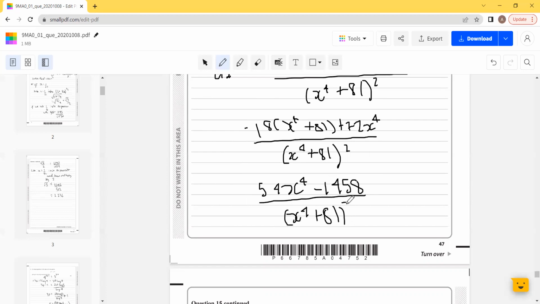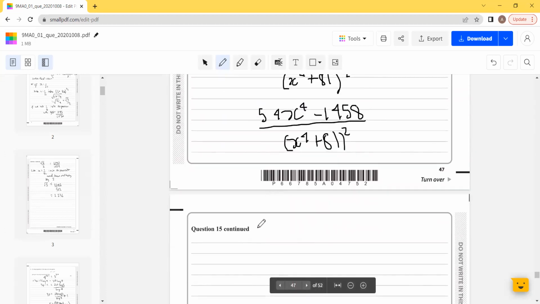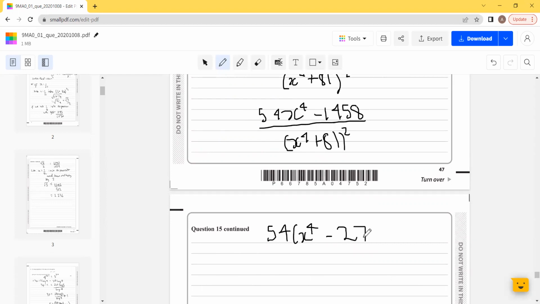Now I'm going to see if I can factor out the 54. So I think I can have 54 times x to the 4th power. Now if I try and divide this by 54, I should get minus 27, so minus 27 over x to the 4th power plus 81 squared.